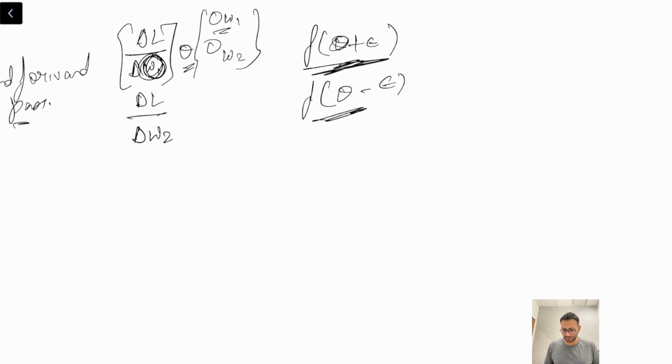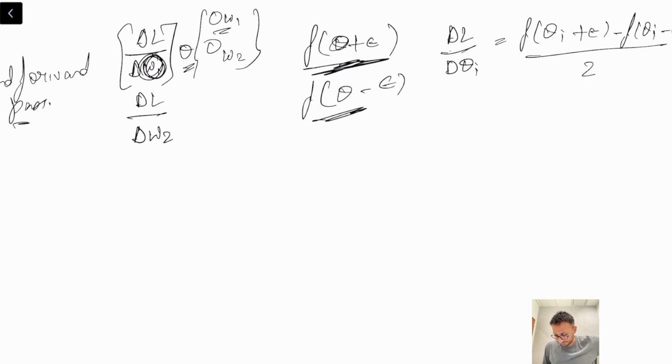And then once you have these 2 values, you can estimate the gradient: del theta i would be f of theta i plus epsilon minus f of theta i minus epsilon, divided by twice epsilon.